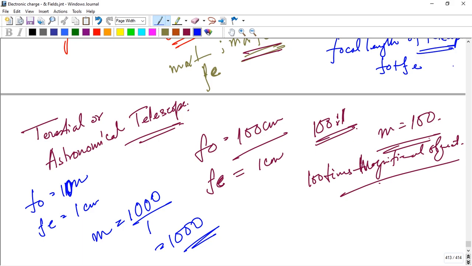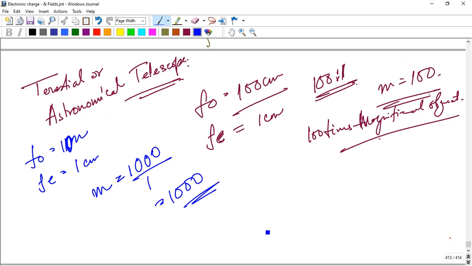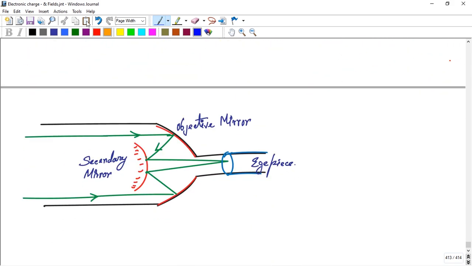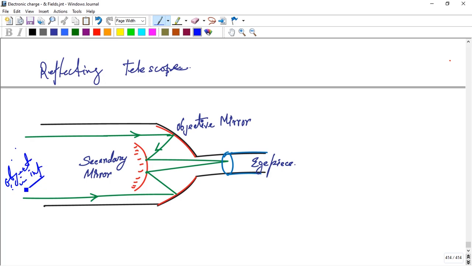Now we discuss another type of telescope, called the reflecting telescope. Here the object is at infinity, very far, light years away, a very large distance.